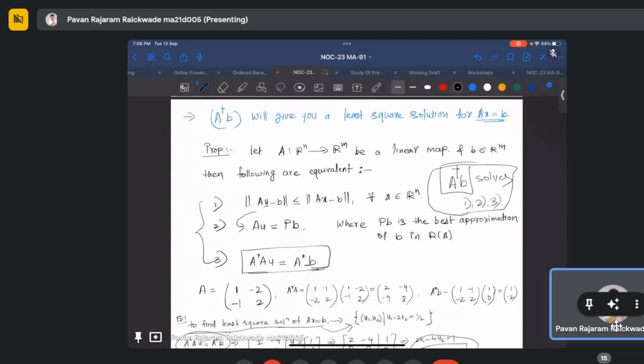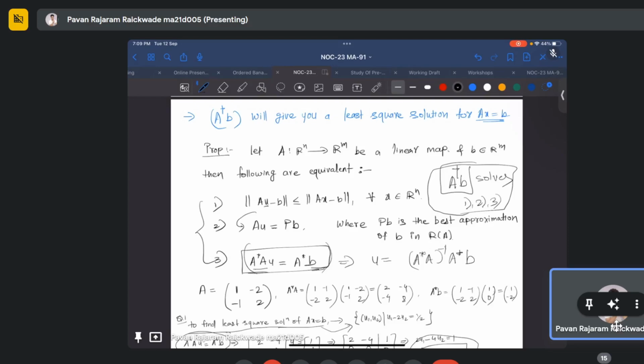If you notice here, I have given the solution, that is A dagger B, which will solve equation number 3, right? If you remember in earlier lectures, if A star A was invertible, then this is simply x equals A star A inverse A star B. So if A was a full rank matrix, if you remember, the column rank was full, then this is what Sir defined as the Moore-Penrose inverse.